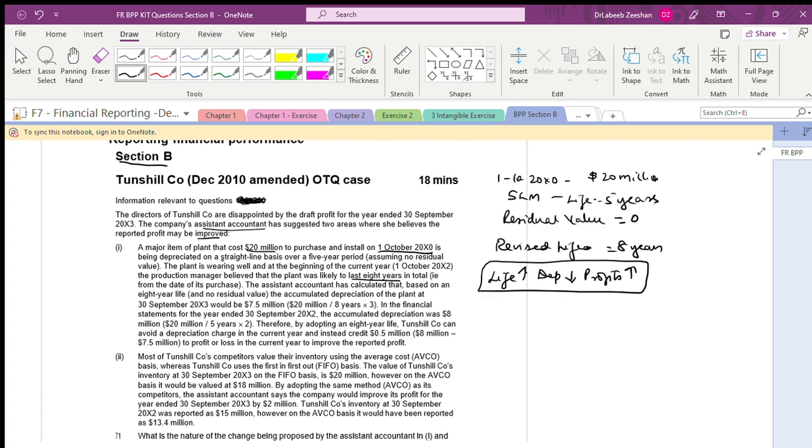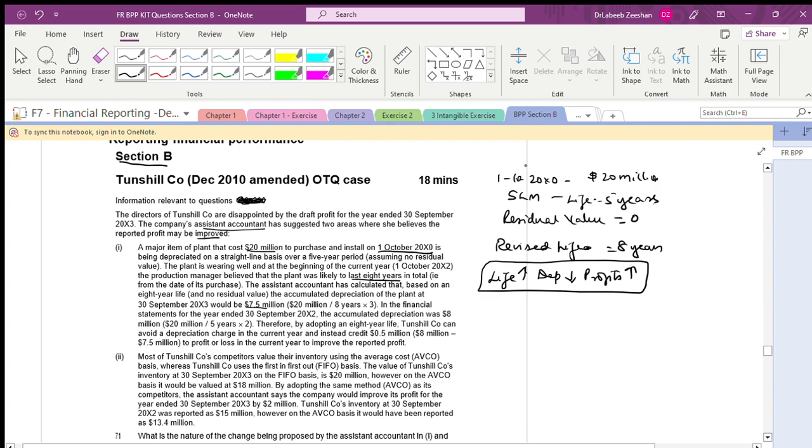The assistant accountant has calculated that, based on the 8 years life with no residual value, the accumulated depreciation of the plant would be 7.5 million.